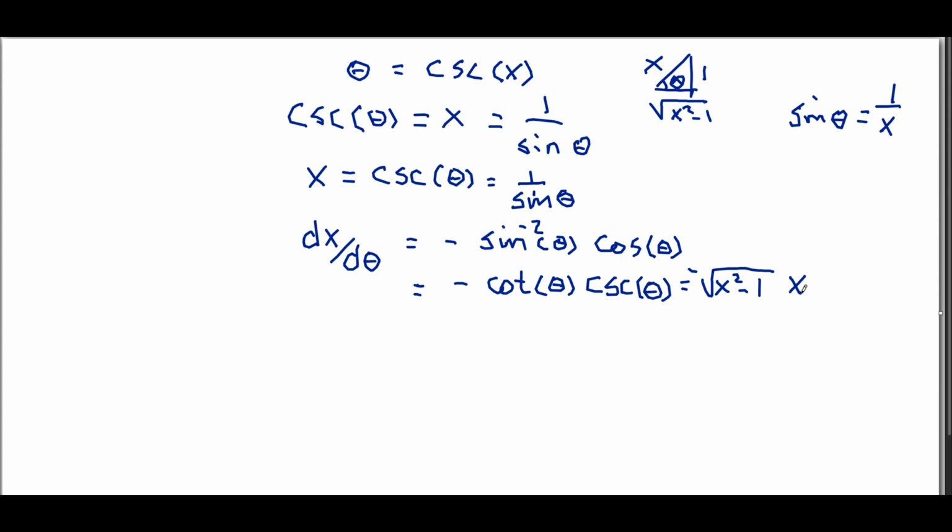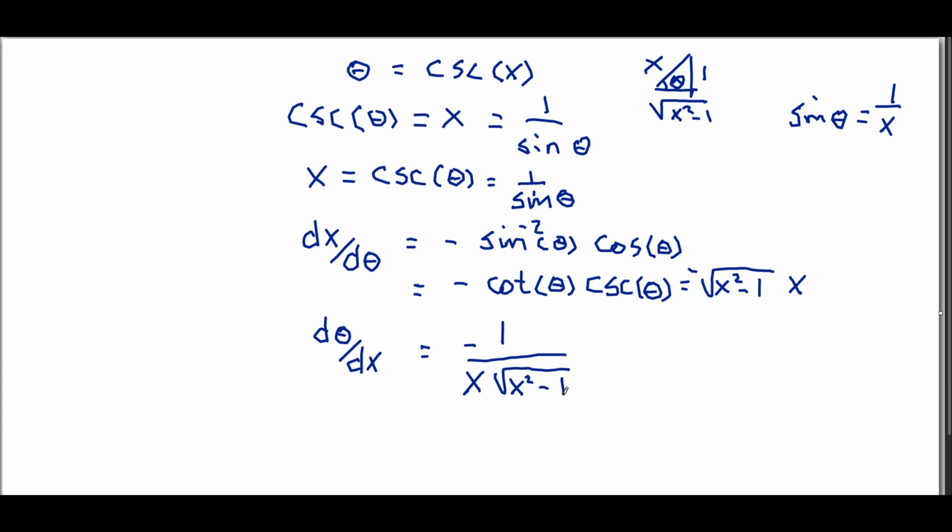So if we flip this over, d theta dx, that's equal to minus 1 over x times the square root of x squared minus 1.